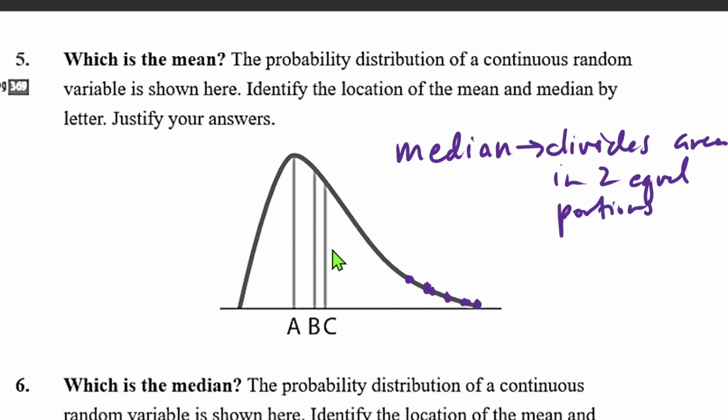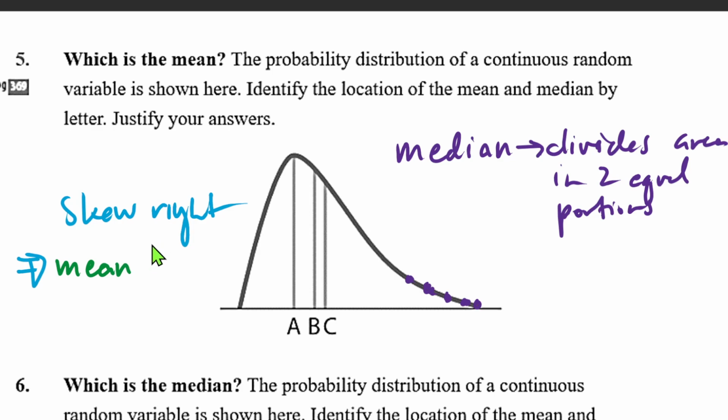So this graph is skewed right, because of these few big values, and those few big values will raise the mean. So the mean is greater than the median here.